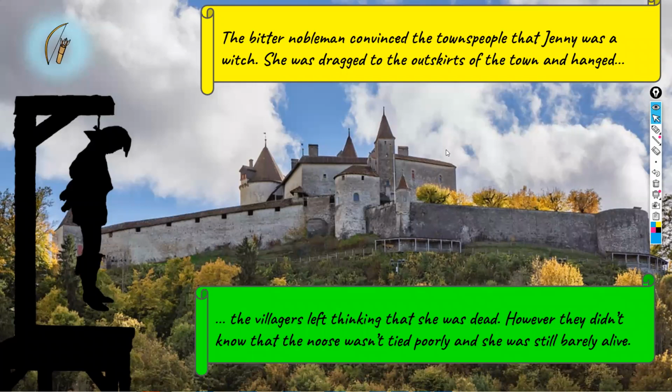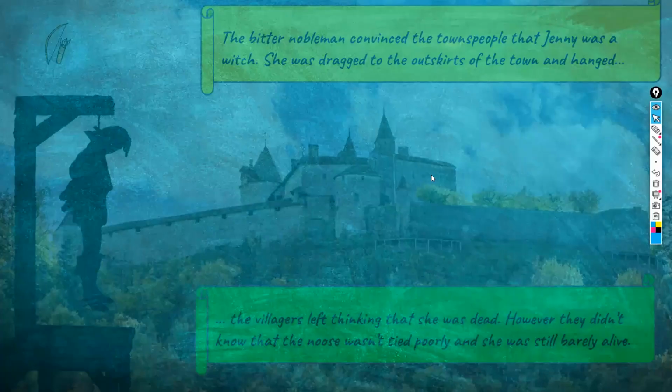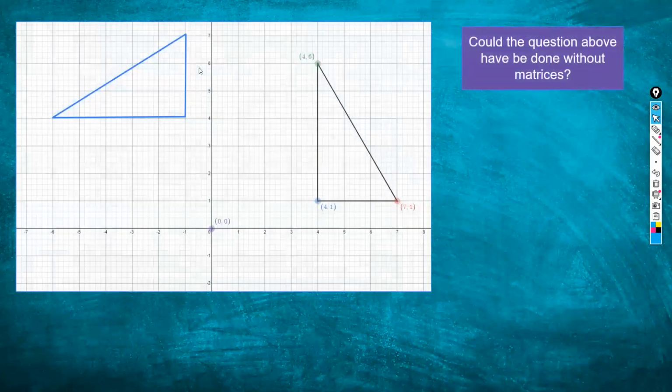All right, so apparently when she was hanged, she wasn't hanged properly. Hang or hung, I'm not good at English. So she was still barely alive. We'll see what happens in a little while.